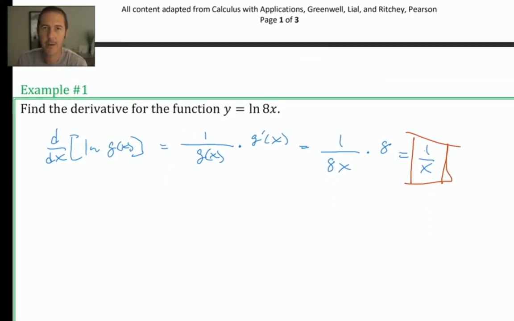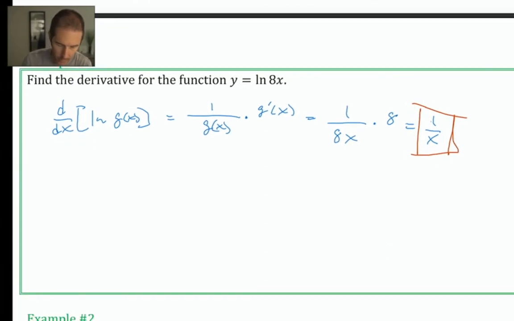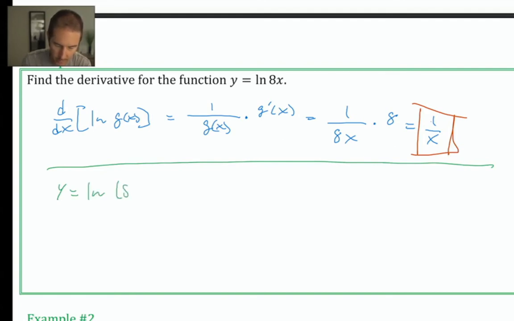If that function 8x inside of our natural logarithm were more complicated, in fact, let's just do another example. What if our original function was y equals the natural log of, how about 8x squared plus 5x plus 2? Why not?